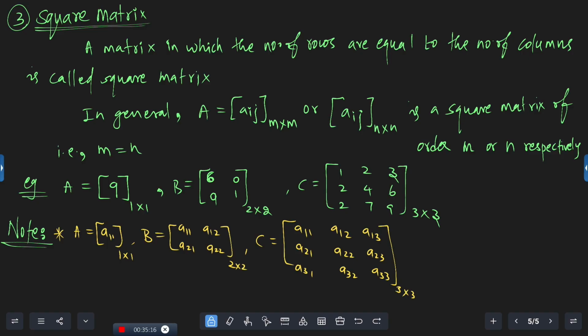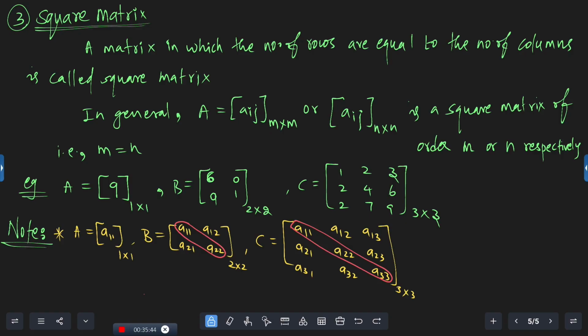Listen, children. Using a pencil, note down where the row and column are the same: the elements A11, A22, A33, and so on up to Ann or Amm. Where the row and column are the same, that is called the diagonal entries.